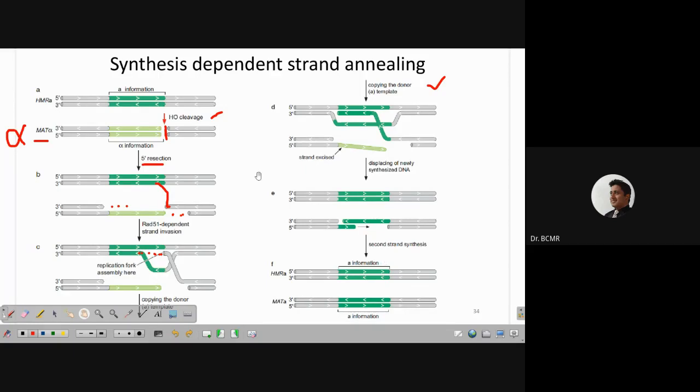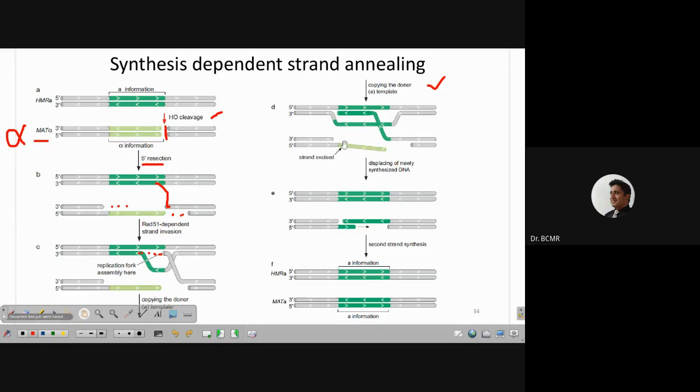I'll quickly review again. The HO endonuclease will make the double strand break. Several proteins could be involved in removing the 5' ends so that 3' overhangs are developed. That 3' overhang will make a strand invasion to the HMRA, and the DNA polymerase will copy that sequence information of A and bring it down to this strand.